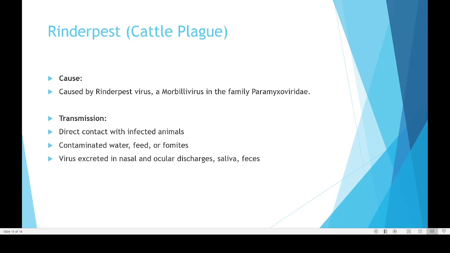Then another is rinderpest. It is an eradicated disease, also caused by a viral disease. Now this has been completely eliminated. There is no case of rinderpest. I will show you rinderpest.